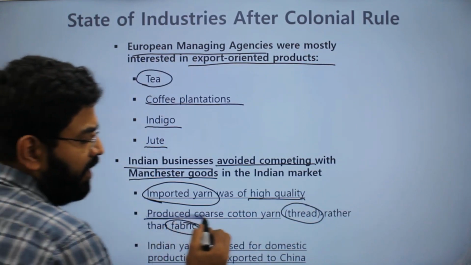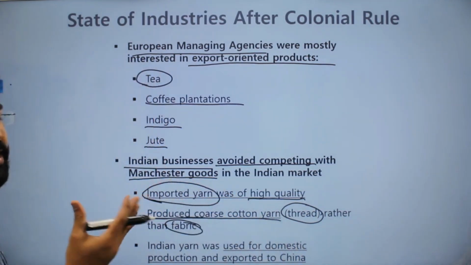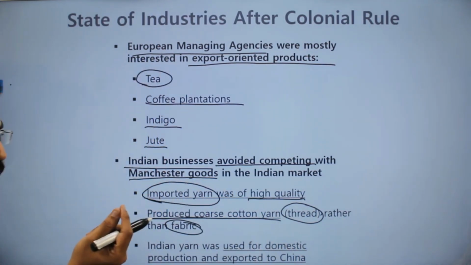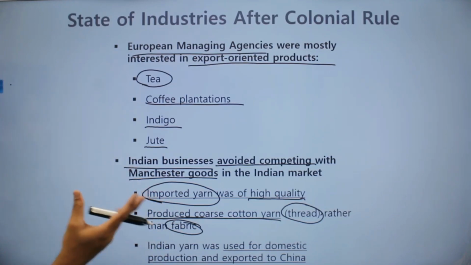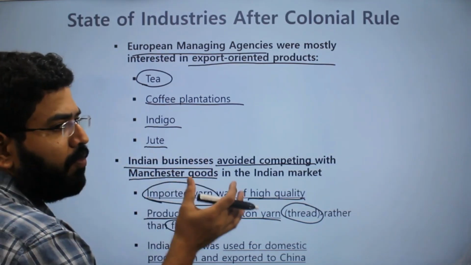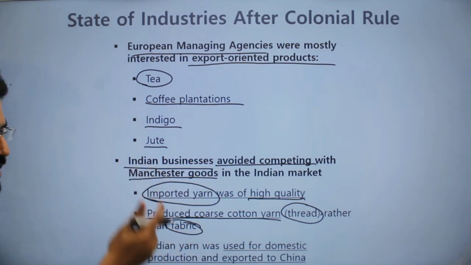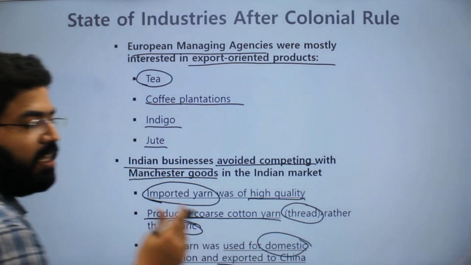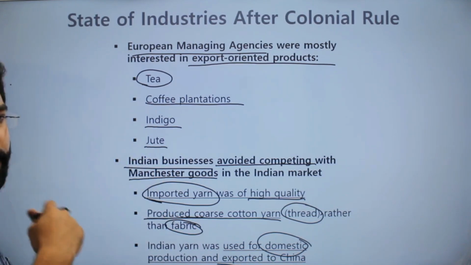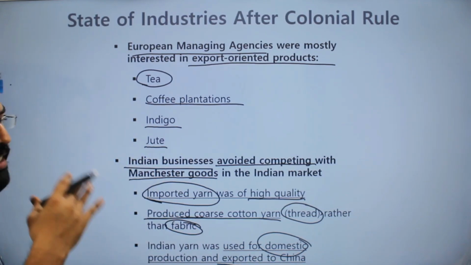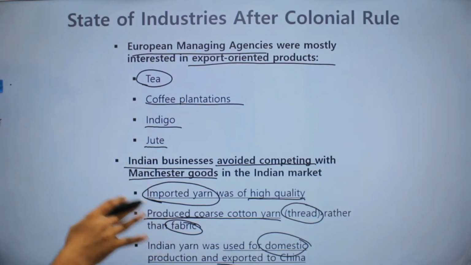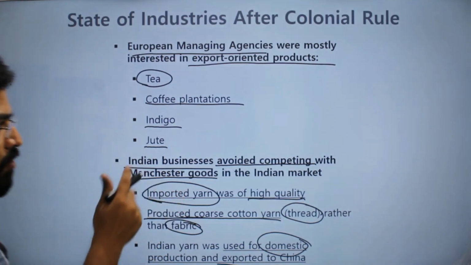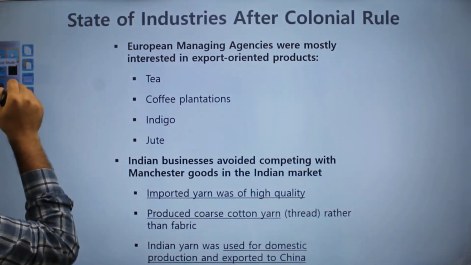They started producing coarse cotton yarn, which is a thicker version used for a variety of products. This was of a lower quality, and hence they used it for domestic consumption and to export to China. They could not export to European countries. Hence, they used it for domestic consumption and China to avoid competition with the European companies and the European material.